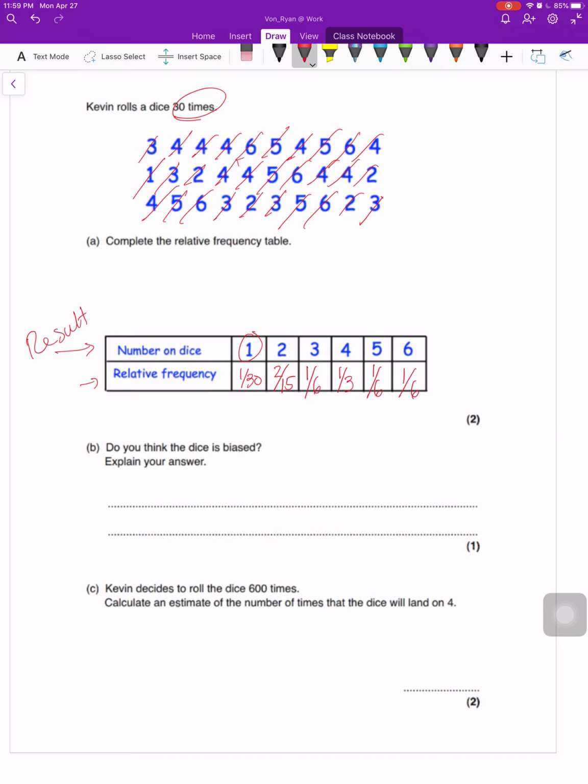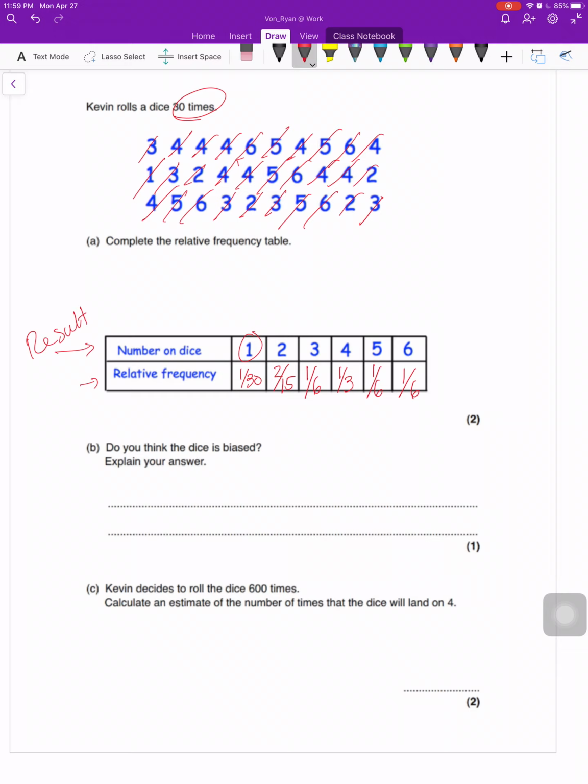As you can see, based on what you calculated from the data, you don't have equal probabilities, well, equal experimental probabilities. So you're asked in the next question, do you think the dice is biased? Explain your answer. Now this might be quite confusing. You might think, how can a dice be biased? A dice doesn't have emotions.